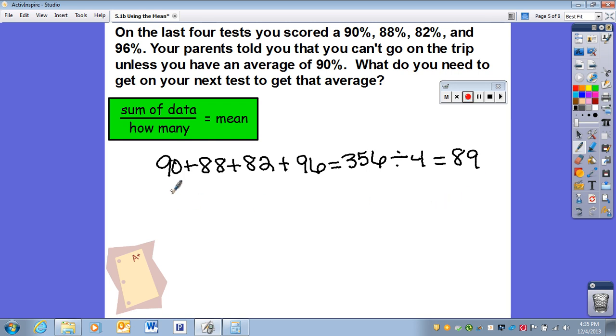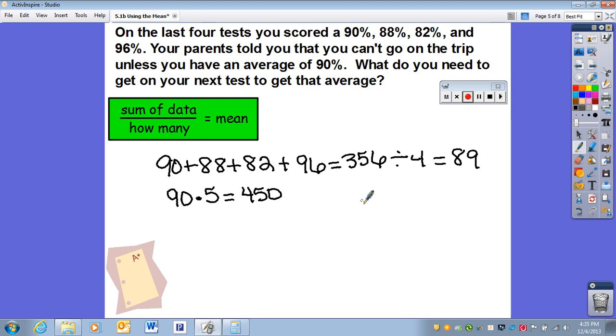So what can I do? Well, what if I take one more test? What would I need to get on that test to bring my average up? If I need an average of 90%, I want to actually multiply 90 by my 5 tests that I would have and realize that that would be a total of 450 points.